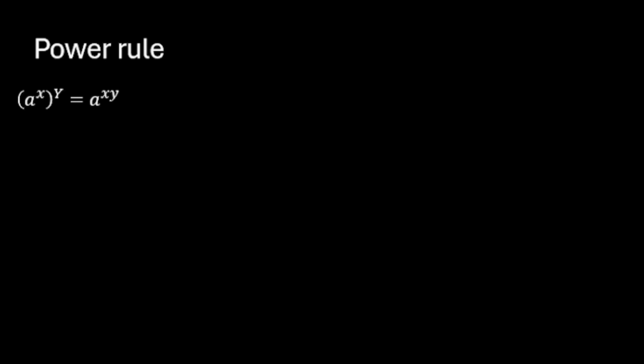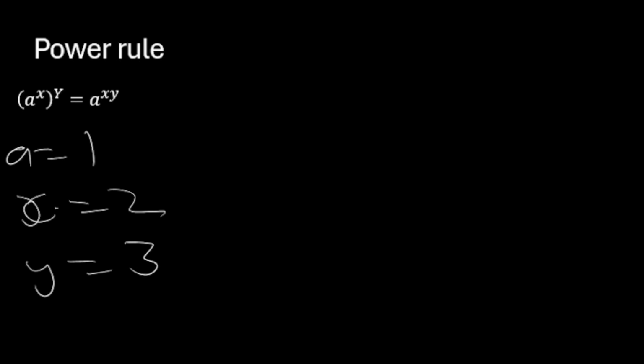The power rule is when you raise an exponent to another exponent. Let's say a was 1, x was 2, and y was 3. We replace it. Now when it's like this, the number that's outside of the brackets is going to affect the numbers inside the brackets.